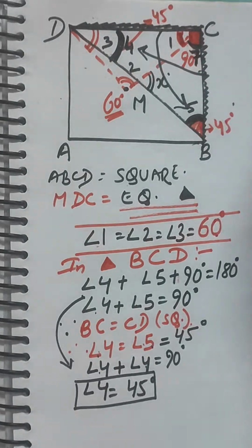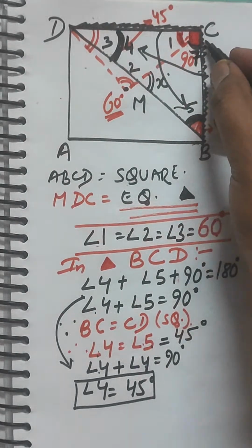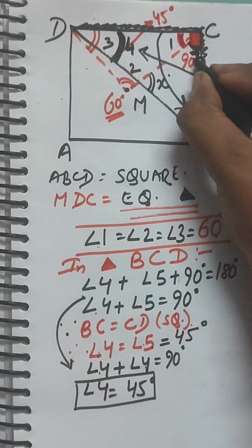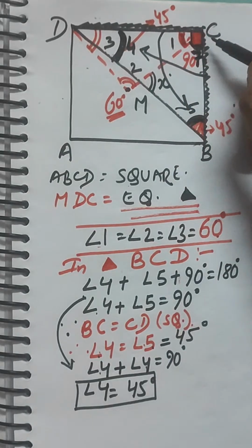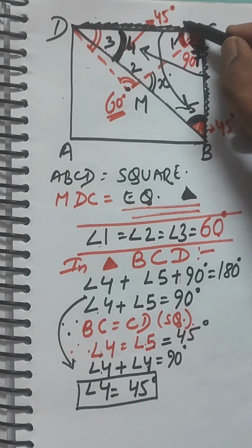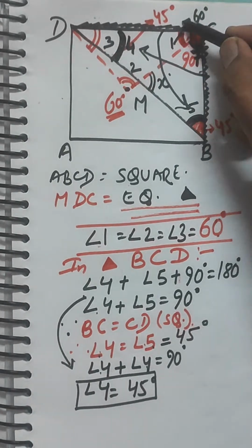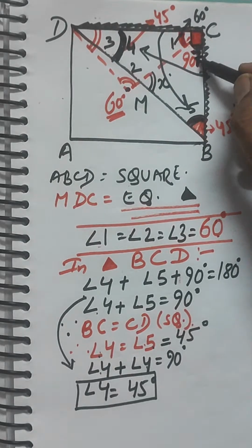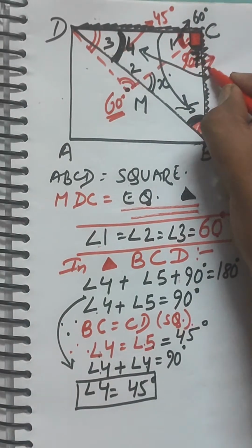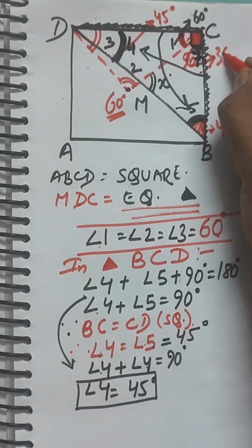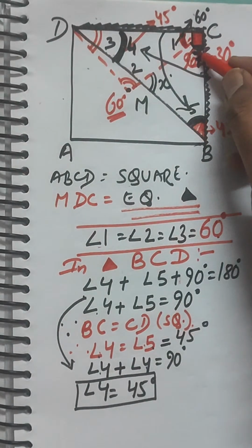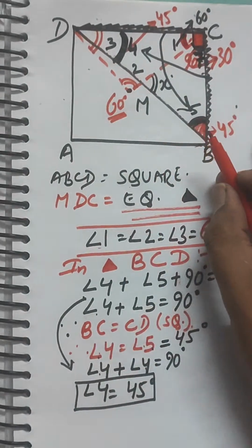At C, the complete angle is 90 degrees, and here angle 1 is 60 degrees. If this is 60 and the entire angle is 90, then angle 7 will be 90 minus 60, which is equal to 30 degrees. Isn't it? This will be 30 degrees. Did you get it or not?